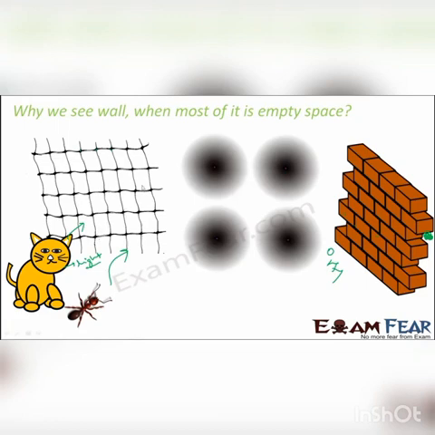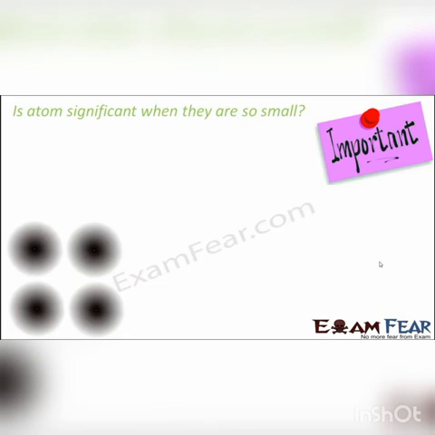But some rays, like mobile tower rays, X-rays and other kinds of rays, will actually be able to pass through these walls as well. We'll talk about those things later.